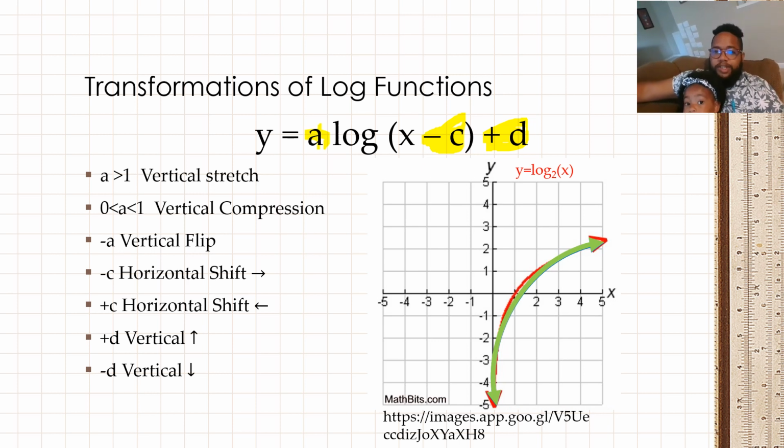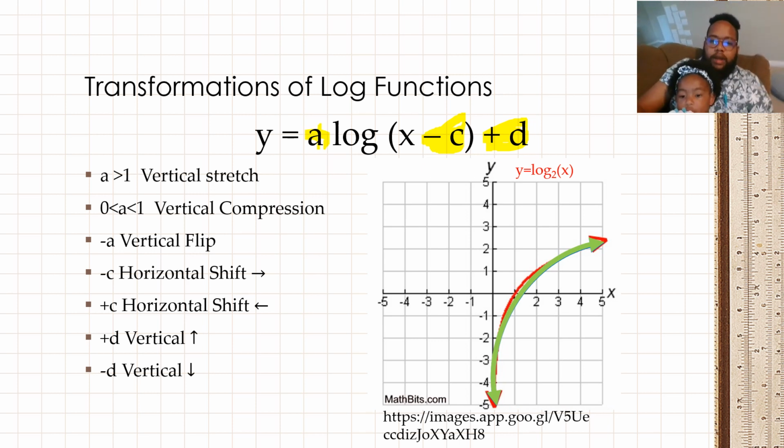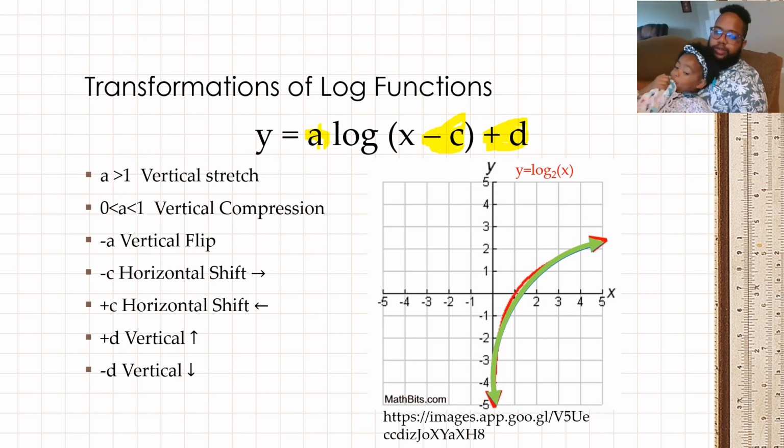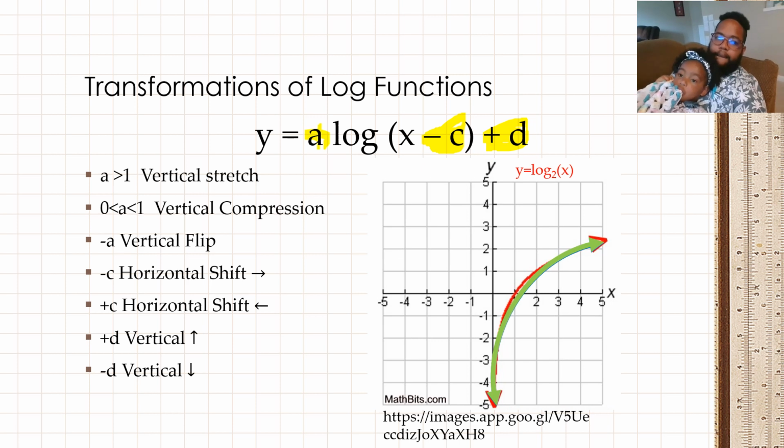Now, here's the thing about c. As you move left and right, your asymptote is also going to change. So your vertical asymptote, which is usually x equals 0, is going to shift left and right based on if you have a horizontal transformation or not.